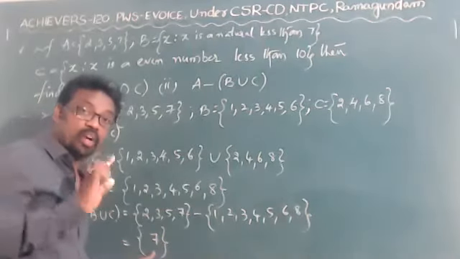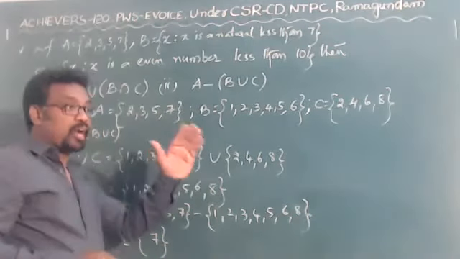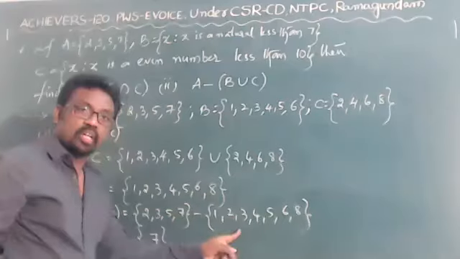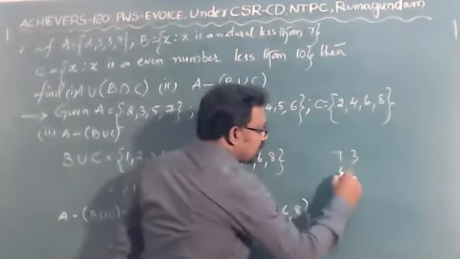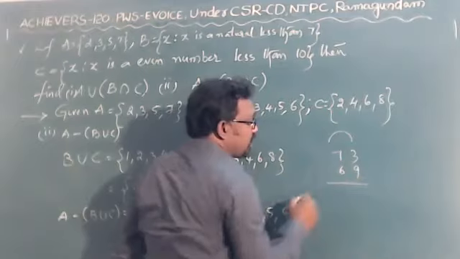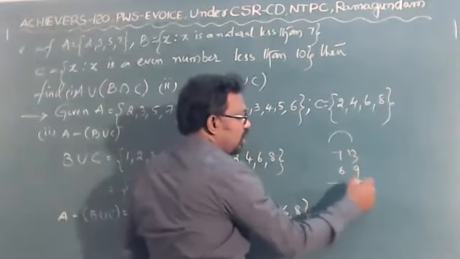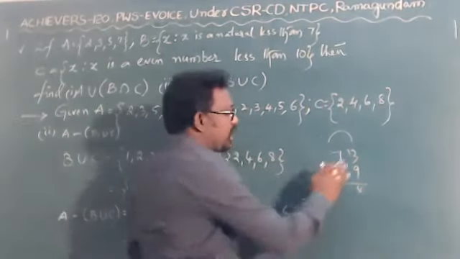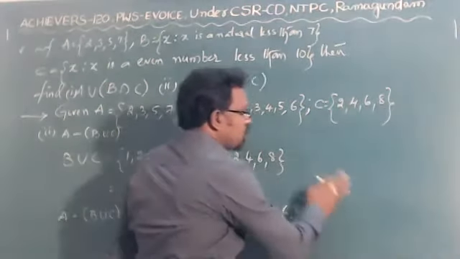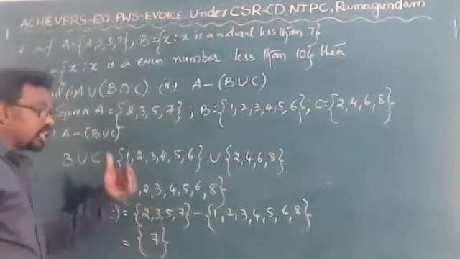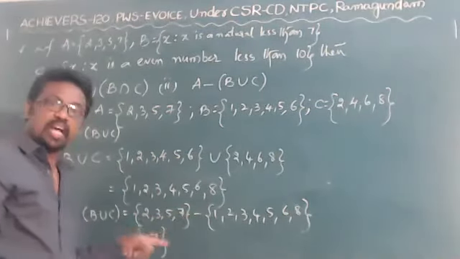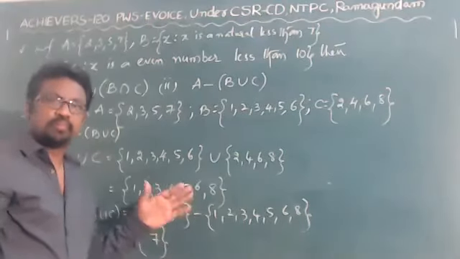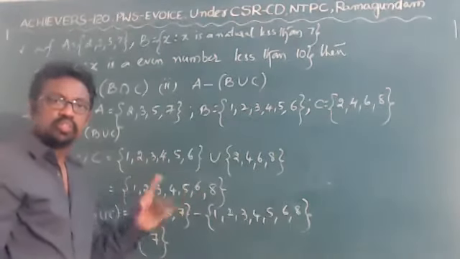You won't get 1 here because you are subtracting from the top. It's not a subtraction method. If it is 73 minus 69, you will subtract here. It becomes 3. No, this is not a subtraction method like this. Okay, children, this is not subtraction. That is algebra. This is sets. In algebra, you will get cancelled: plus 2 minus 2, plus 3 minus 3. No. Remember that.